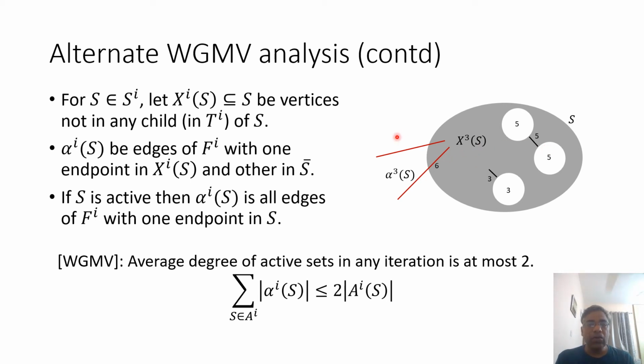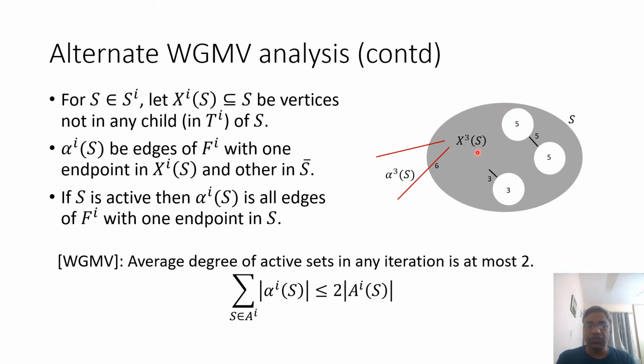Okay, now let's define alpha, in this case alpha is 3, as those edges which have one endpoint in S, and that endpoint is not in any of these subsets. So we're defining x3s, or xis, as that subset of vertices which are not in any child of S in the tree Ti.